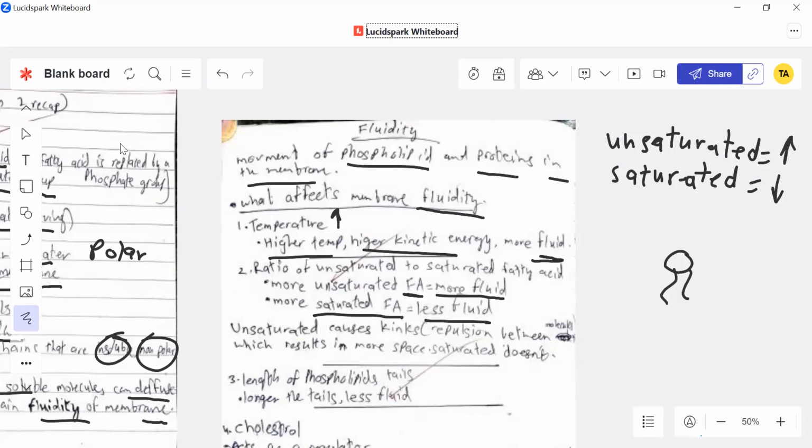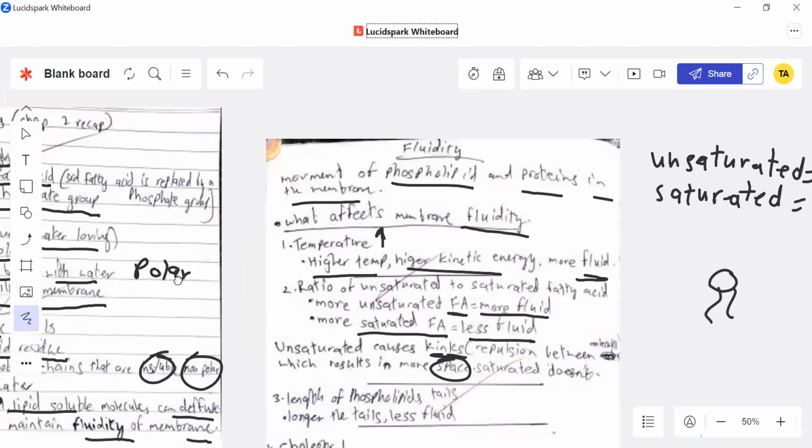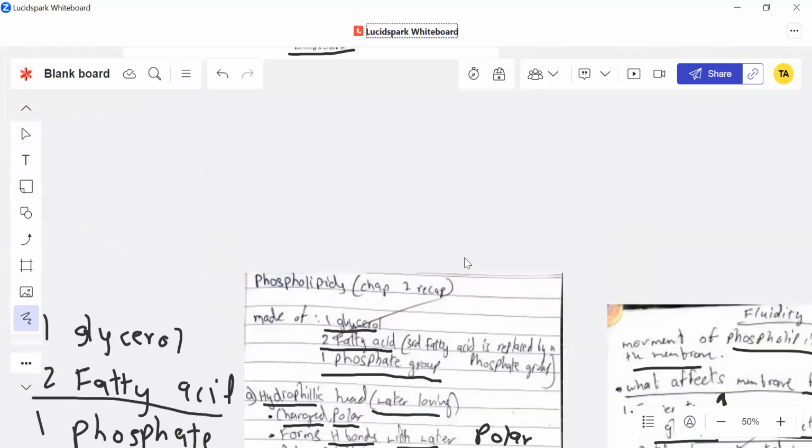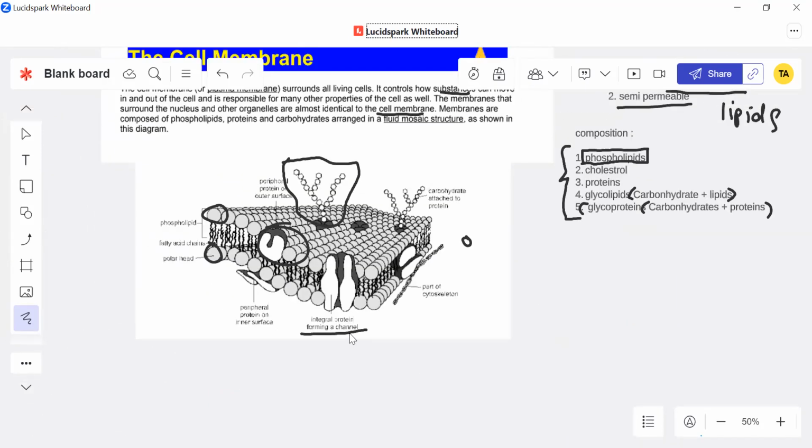Now, why is this? This is because unsaturated fatty acids will cause kinks or repulsions between molecules, which results in more space. So when you have unsaturated fatty acids, there would be more space between these phospholipids.